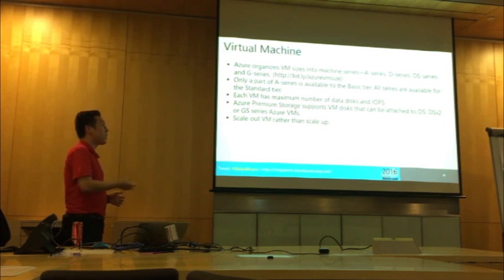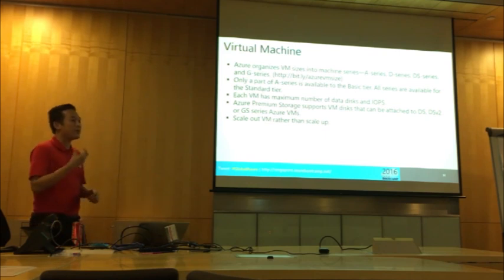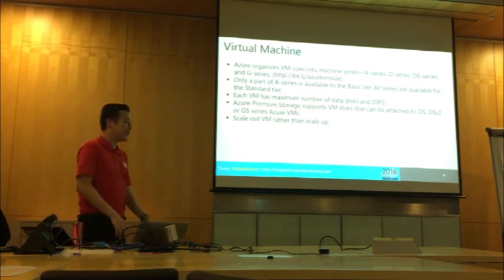People recommend to scale out your VM. Think about the pricing. You can go to the Azure pricing website and do a very quick calculation, comparing scaling out your VM with scaling up, and compare the cost. You will see scaling up is pretty expensive compared with scaling out.